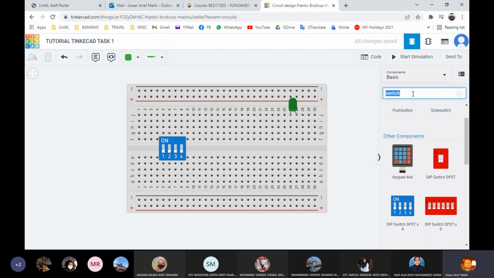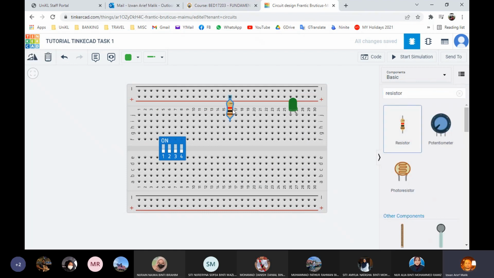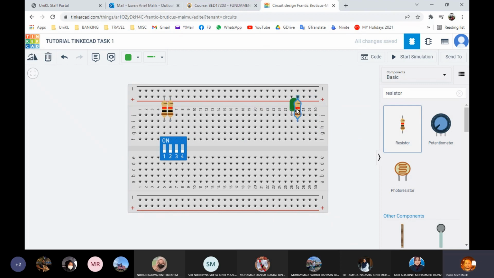And then what else? We need resistors. Here we have two inputs, so drag two, and then another one for the LED later, so three.